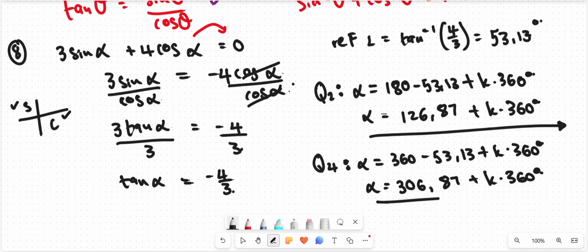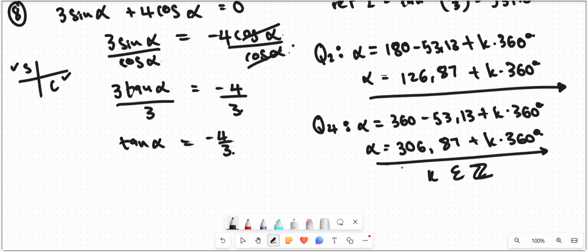Please double check those answers on your calculator, but you should be getting that, where K is an element of integers, so don't forget to put that there. And this is how you can apply your identities to help you solve these trig equations.